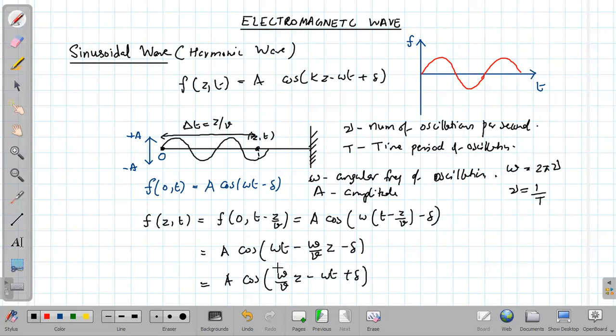Okay, now we can look at what is this omega by v. So omega by v, for the time being, I am denoting by the symbol k. So hence I can write it as A cos of kz minus omega t plus delta.